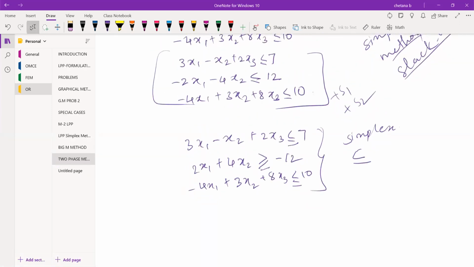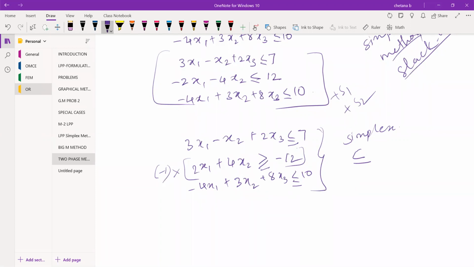To do that, for this particular equation you multiply by -1. This is one thing. And the same problem, if it is solved using the big M method, then also you need to multiply by -1.